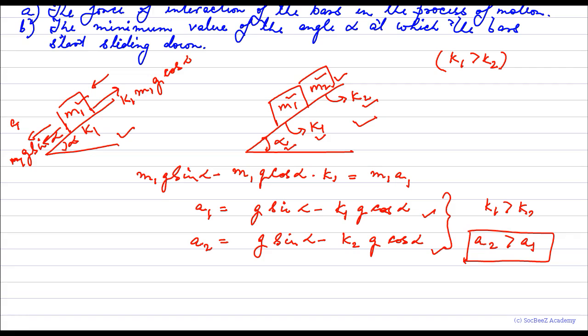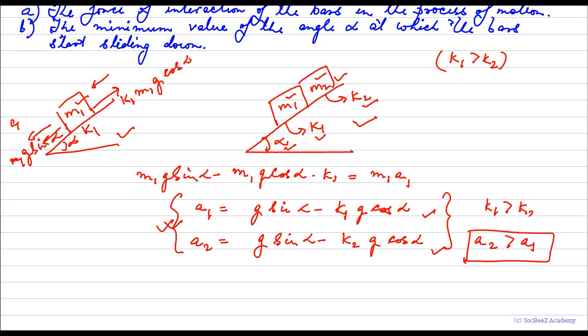So if these two bodies move together on this inclined plane, the masses are definitely going to move together, which implies that there is always going to be some force of interaction between the bars during the process of motion. I derived these two expressions just to prove that.